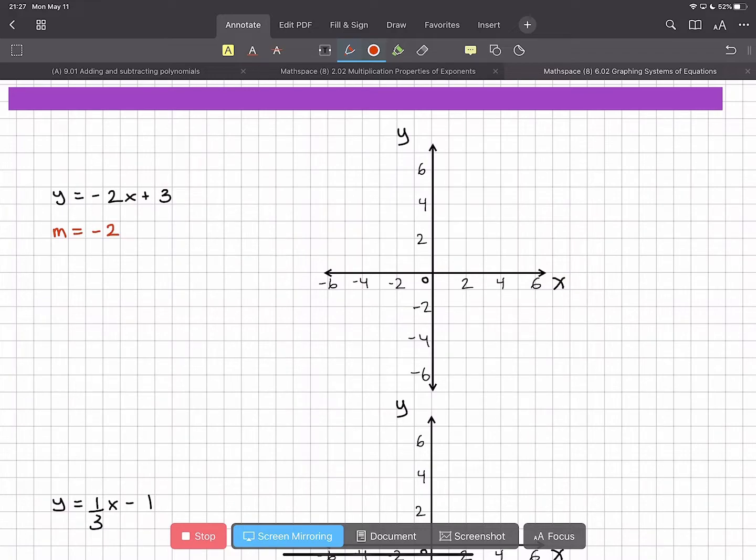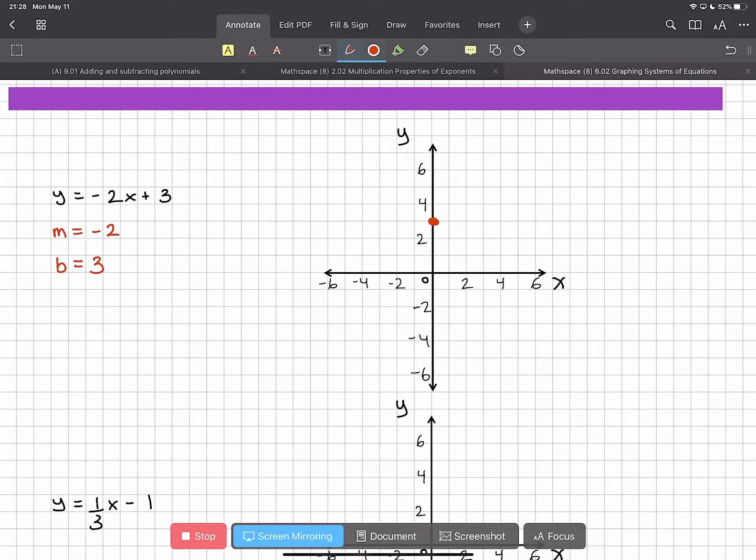Then I'm going to look for the y-intercept, which in this case is positive 3. I like to start with the y-intercept as my starting point, so I'm going to find 3 on the y-axis. So the 3 is right there.